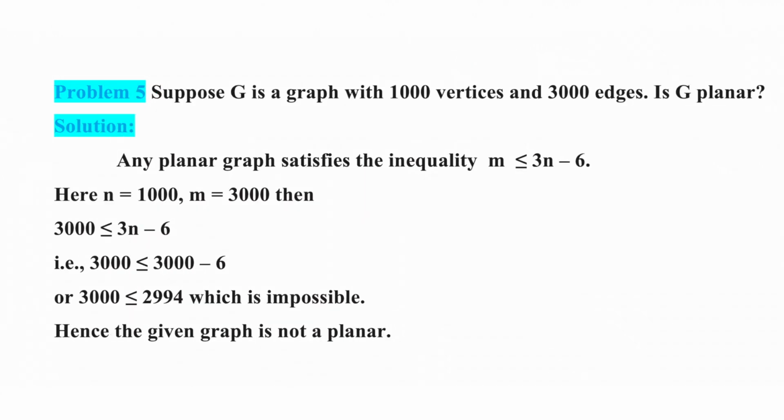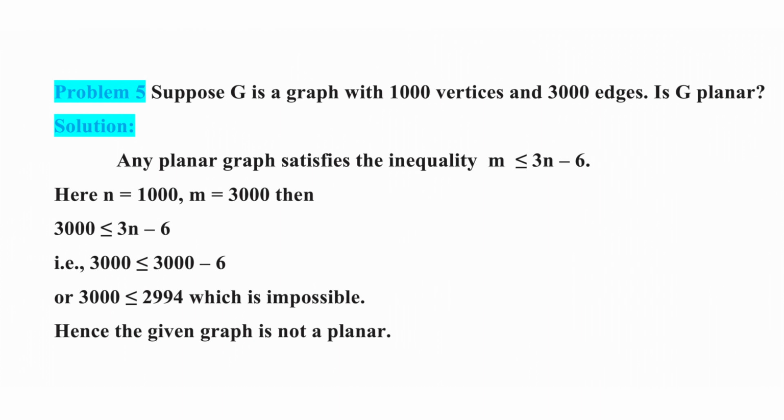The next problem is, suppose G is a graph with 1000 vertices and 3000 edges. Is G planar? The solution of the problem is, any planar graph satisfies the inequality m less than or equal to 3n - 6. Here n equals 1000 and m equals 3000.